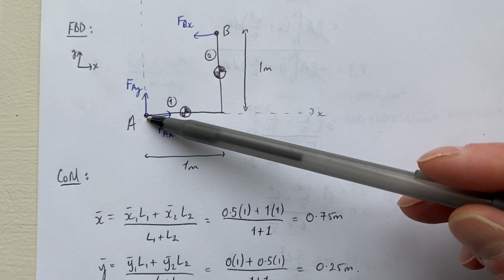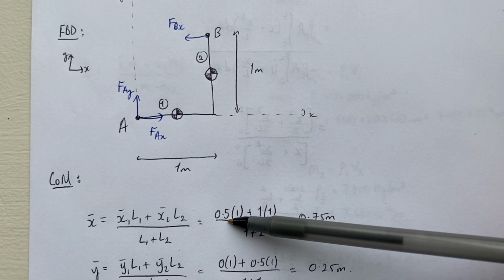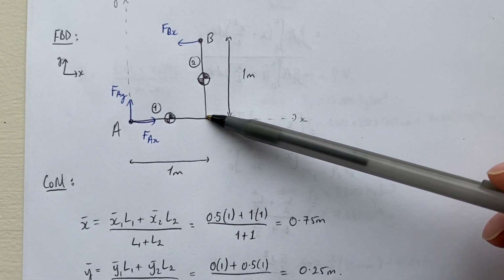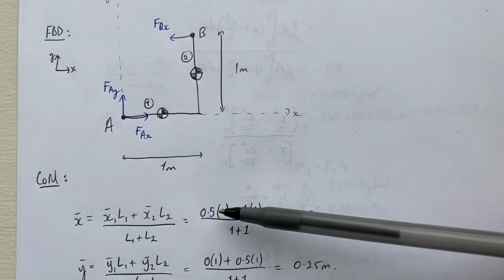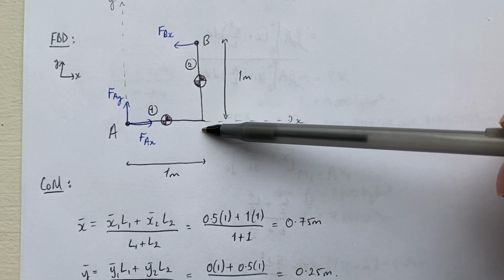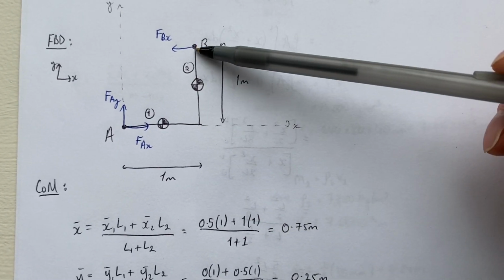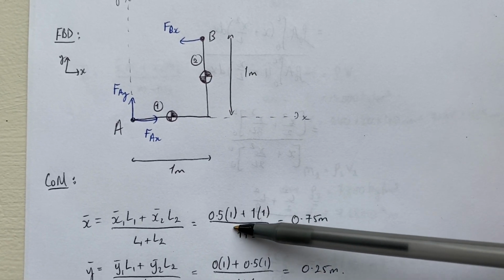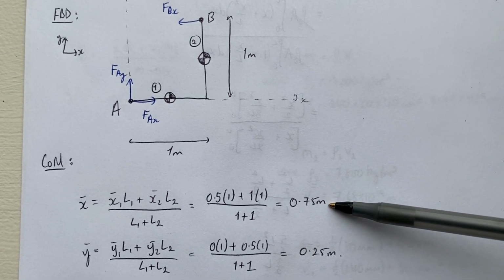Because we know A is at the origin, the center of mass is halfway along, so that's at x equals 0.5, right? And this length here is 1 meter. So that's where this comes from. And then here, the center of mass of this piece is at x equals 1, right? Because this is 1 meter long, and this is 1 meter in length as well. And then we average that over the total length, which is 2 meters, to get x equals 0.75.